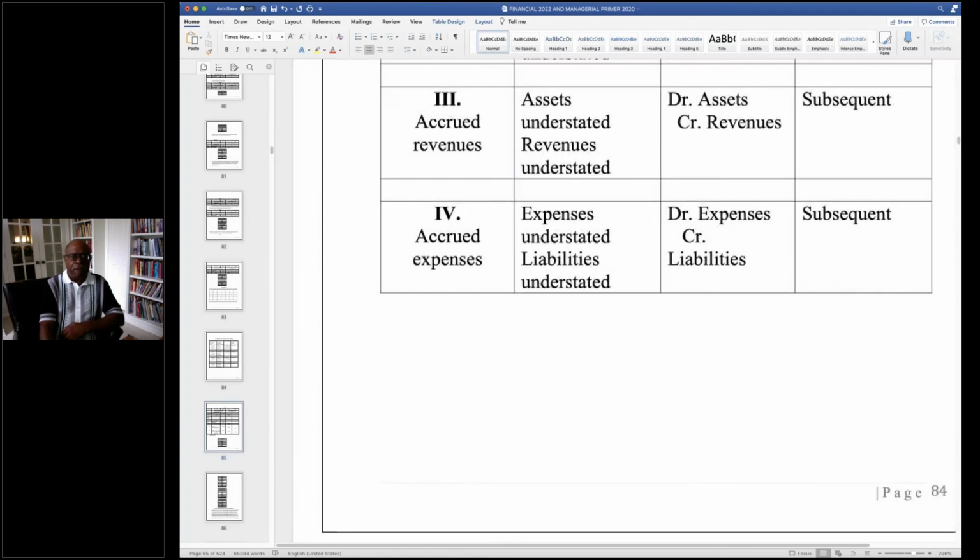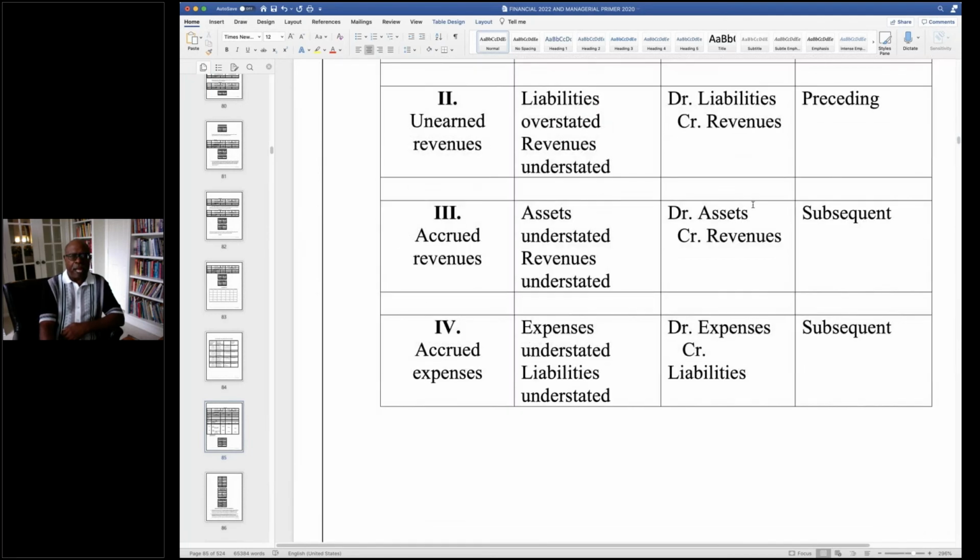You're doing the same thing, except that I think group 3 will start with unearned revenues, I believe, and some accrued liabilities. And then group 4 has accrued expenses.